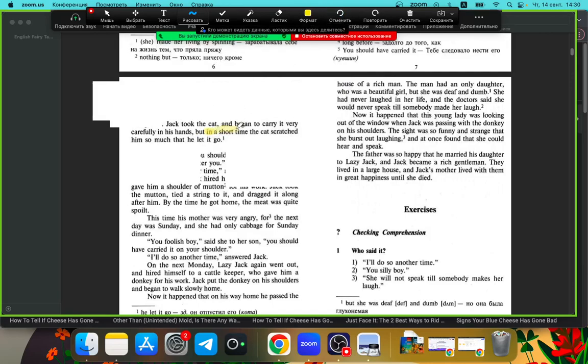So you have to write down the whole sentence. Jack took the cat and began to carry it very carefully in number 7, yes, storytelling. And began to carry it very carefully in his hands, but in a short time the cat scratched him so much that he let it go. So, let it go is to say goodbye and don't touch anything anymore. In a short time means very fast, yeah?